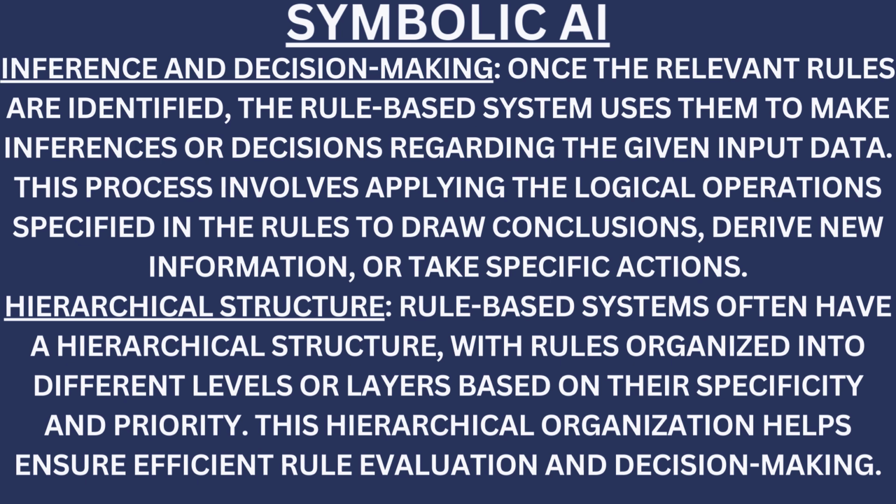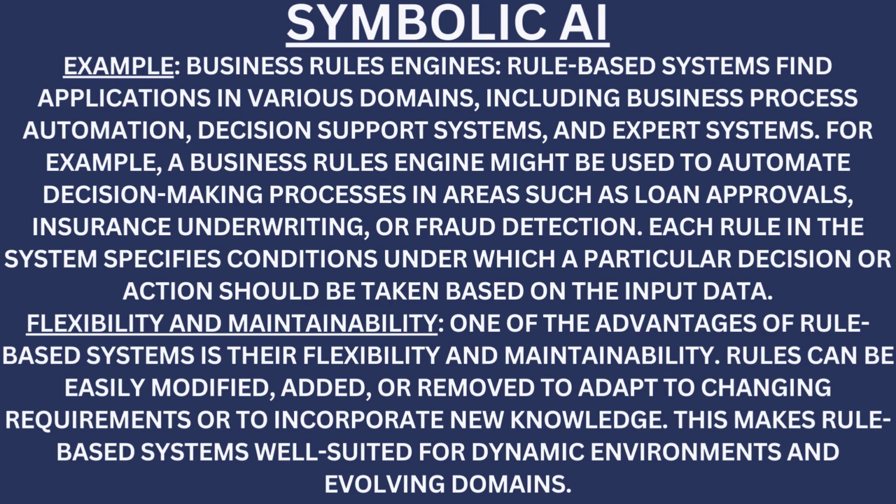Hierarchical structure. Rule-based systems often have a hierarchical structure with rules organized into different levels or layers based on their specificity and priority. This hierarchical organization helps ensure efficient rule evaluation and decision making. Example: business rules engines.